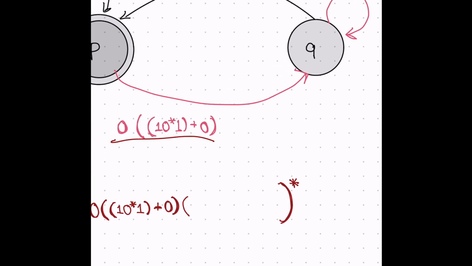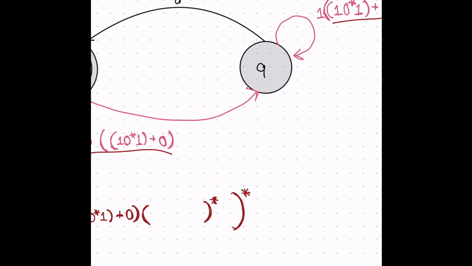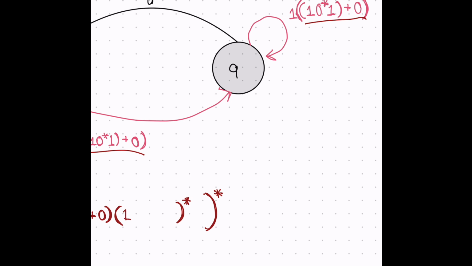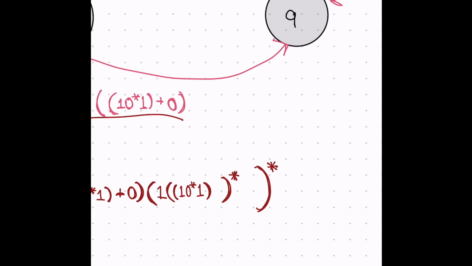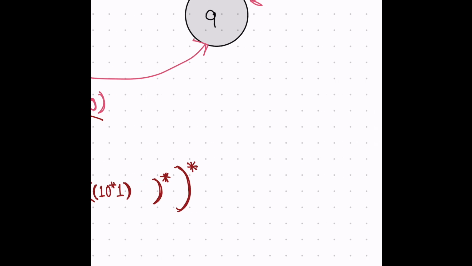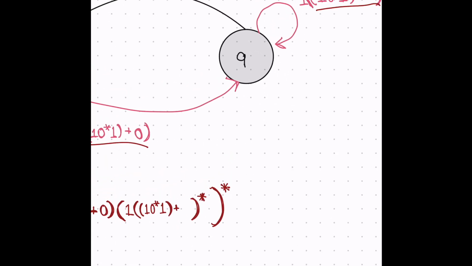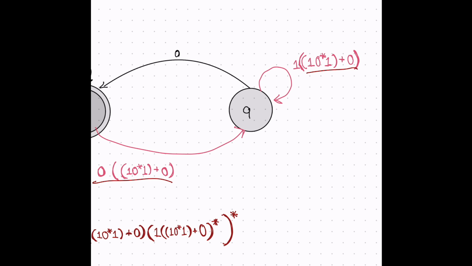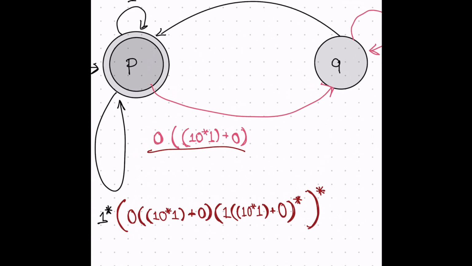Since it's a loop, it'll be optional. You can have it 0 or more times, so closure. That's 1, parentheses, parentheses, 1, 0 star, 1, close parentheses, and then or 0, close parentheses, and then you have the star.